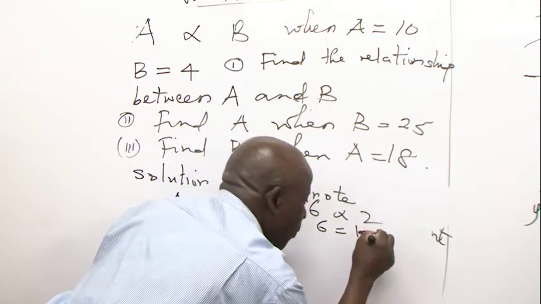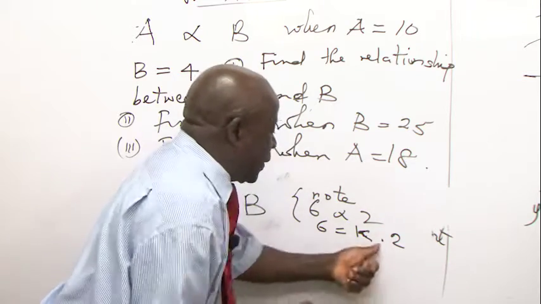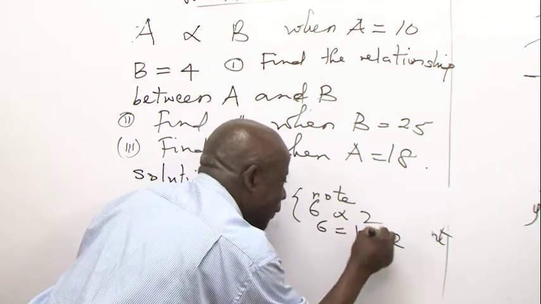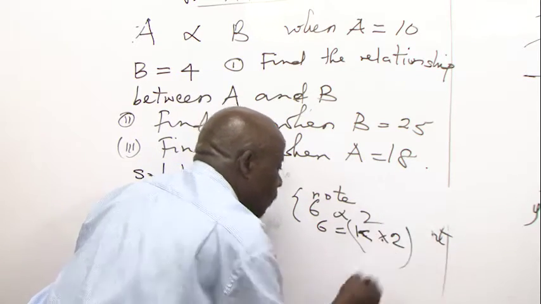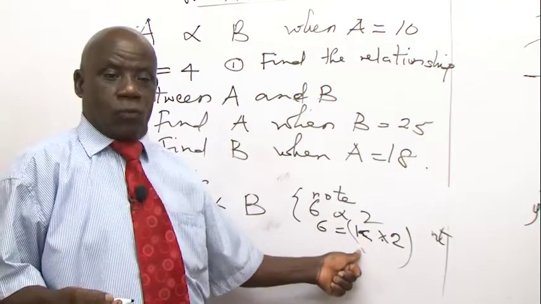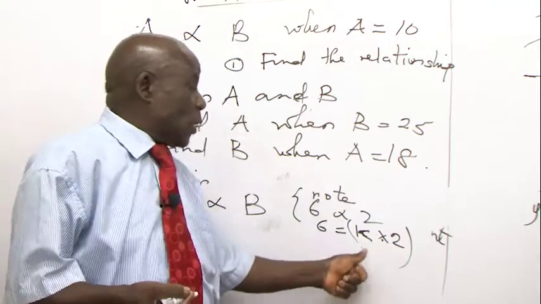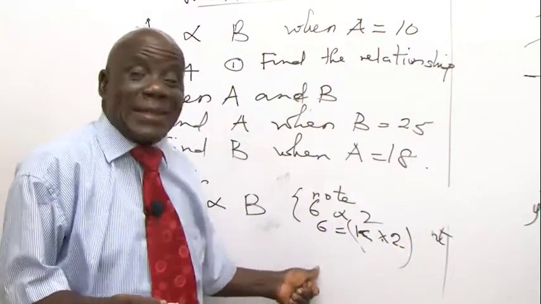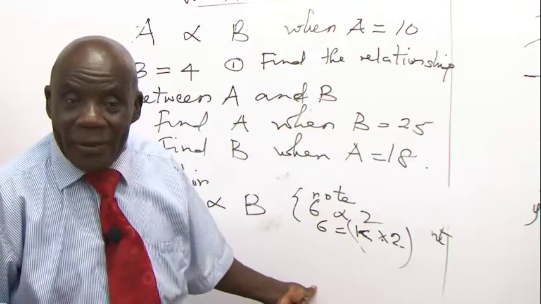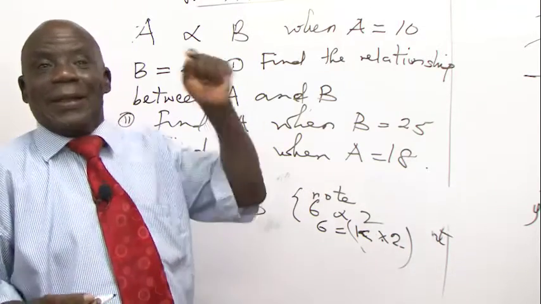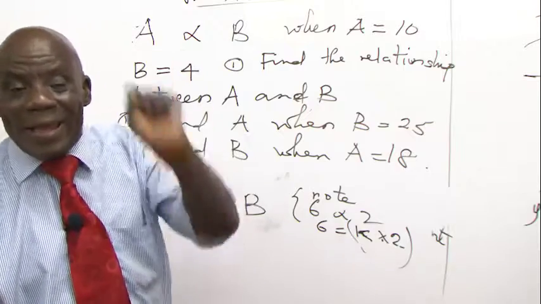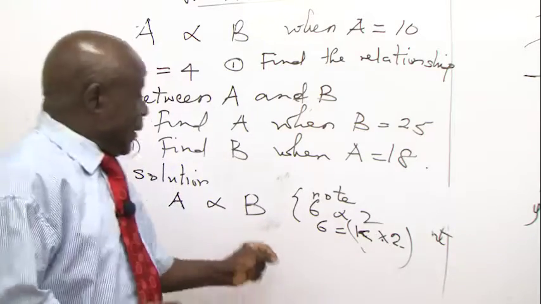A constant multiplied by 2. This k is unknown, it is a constant, and you know that if a number is multiplied by 2 and the result is 6, that number is 3. That k is 3. 3 is a constant.